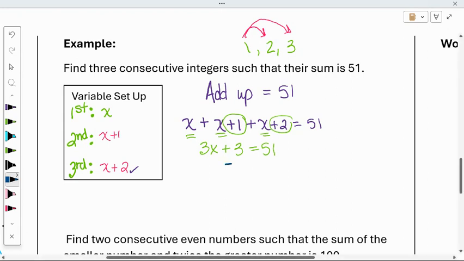Perfect. Minus 3. Good job, Michelle. So 3x equals, let's see, 51 take away 3 is 48. Thank you, Lysandro. Yaritza, do you know the last step? 3x equals 48. How do I get x all by itself?